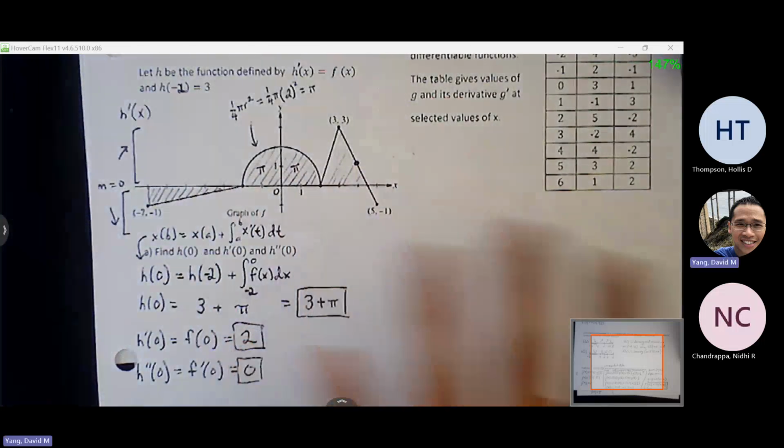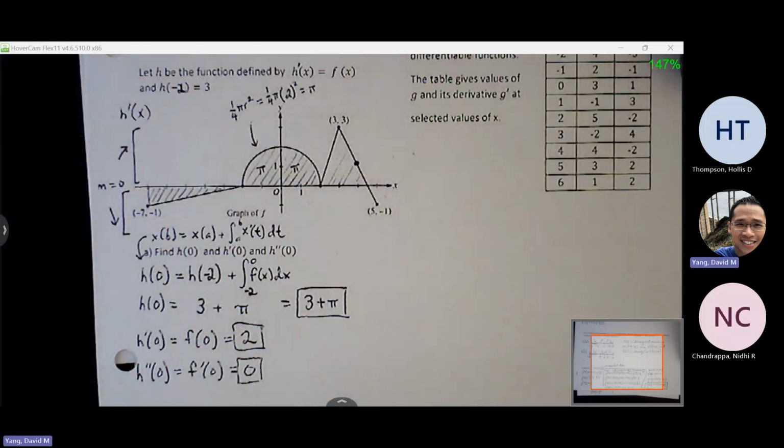Right. So I choose the points. Remember, if I want to find points of inflection, I look at the max and mins of my H prime graph. It's a sharp point, but this is a positive slope, right? It needs to be a positive slope, negative slope, or a negative slope, positive slope, in order for it to be a maximum.